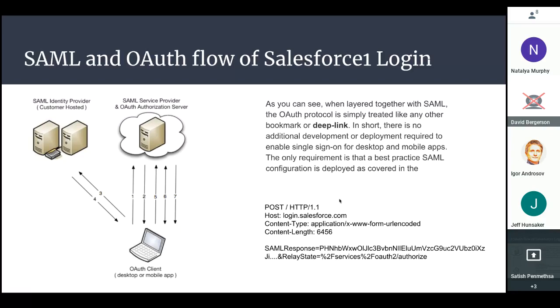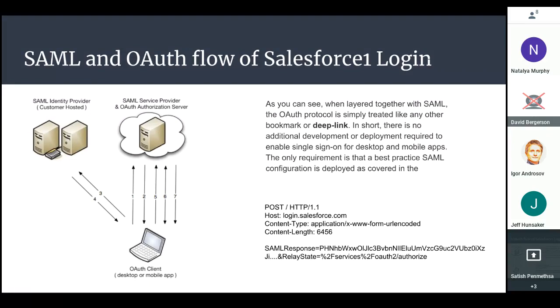But this is interesting because here, with Salesforce One, the authentication flow has several steps. It initially uses SAML because it's a hybrid application. It has the web browser component in it. It's not really the native application like you would imagine. So the SP redirects to the identity provider, and the identity provider issues a SAML token and then redirects back to the service provider.